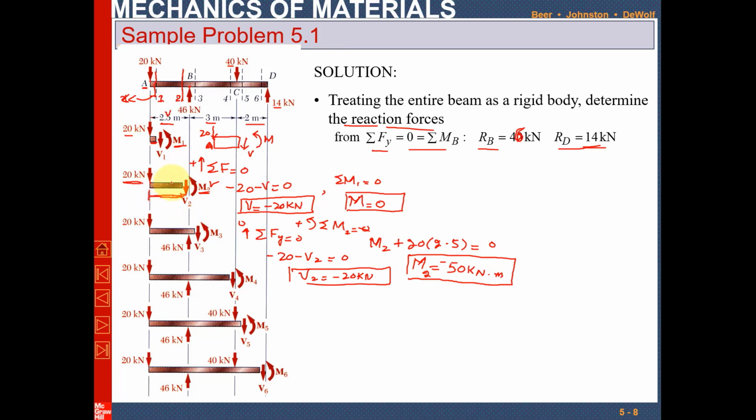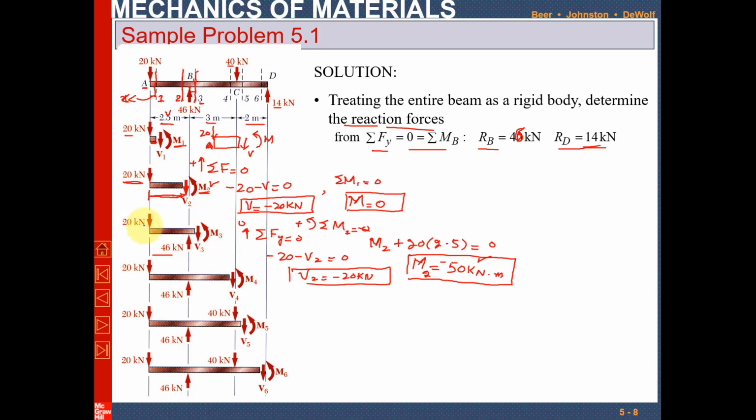At point 1 the moment was 0, and at point 2 the moment is minus 50 kilonewton meter. Similarly, let me solve for the point just after point B, point C. Point 3 is just after point B on the right side, and the distance after point B where we take section 3 is very small, meaning it approaches point B. Clear?